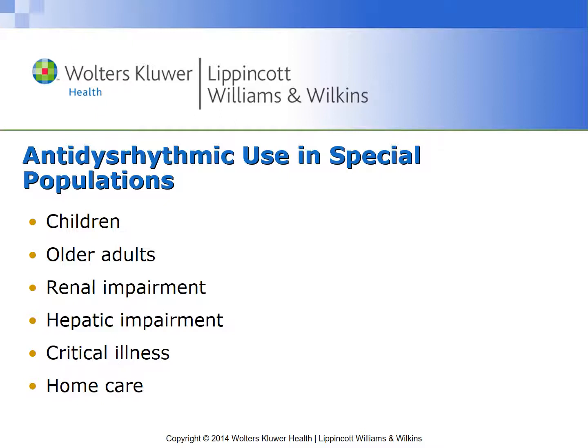And of course, with home care, we're going to do the vital signs, heart rate, blood pressure, check the urine output, and monitor for adverse effects and therapeutic effects. Okay, this concludes your podcast.